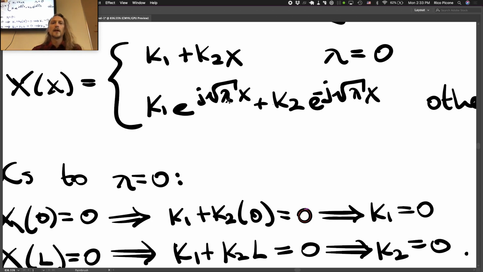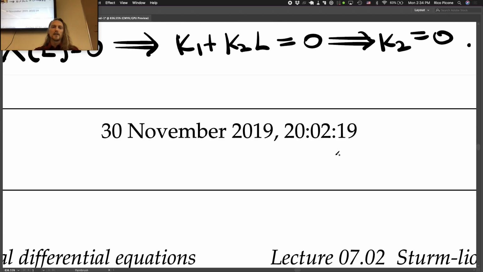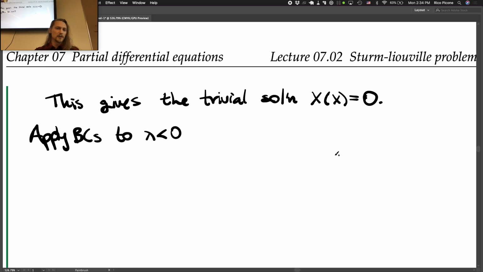We have the square root of a negative number, which is going to give us a j, right? So to multiply the other j, then we have e to the j squared absolute value lambda, and negative j squared is positive, etc.